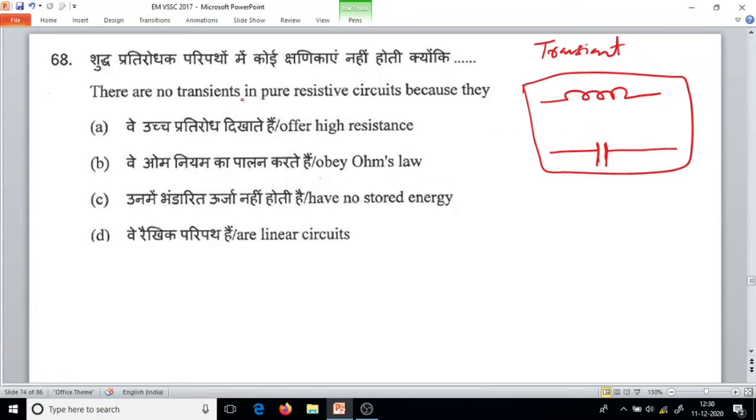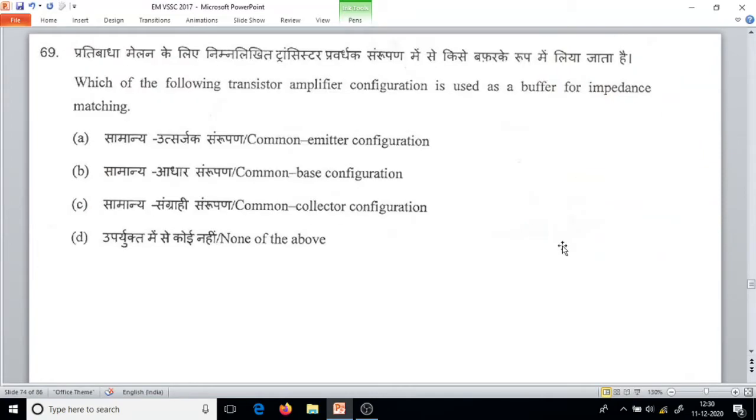So there are no transients in pure resistive circuits because they have no stored energy. These are energy storage elements. Battery is a different case, okay? Don't consider battery in these transients.